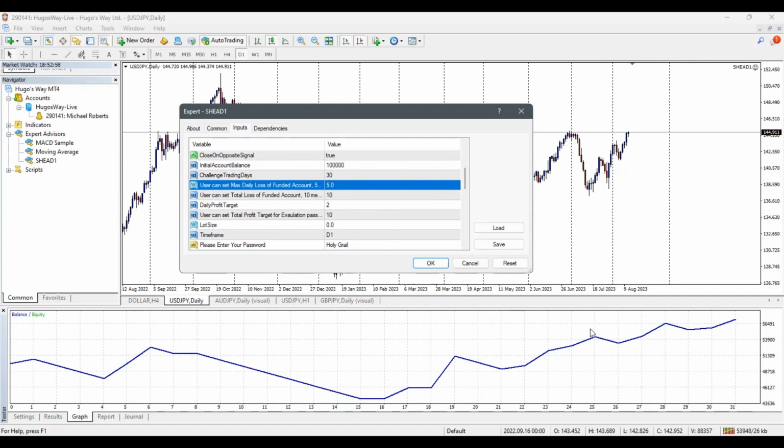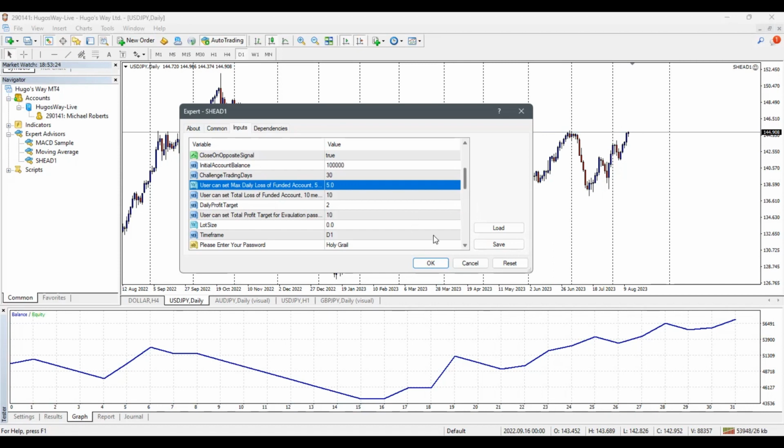So you could be out, and let's say you have equity that equals 5% for a stage 2 challenge. What the robot will do is close at 5% and give you a congratulations message saying you have passed stage 2 of your challenge, and then it will remove itself from the chart so that there's no possibility. In essence, it's foolproof to stop you from messing up the challenge and then failing your challenge, especially if you want to run this automated.